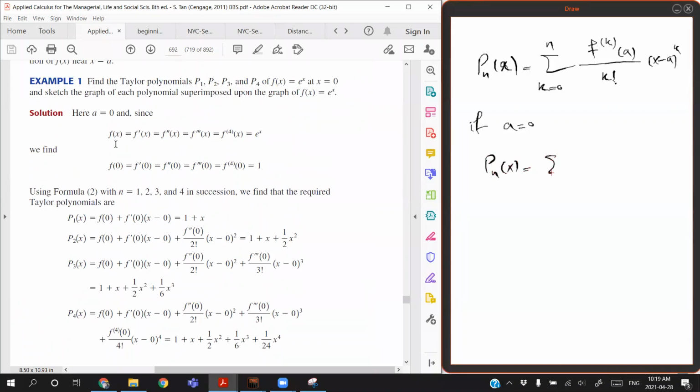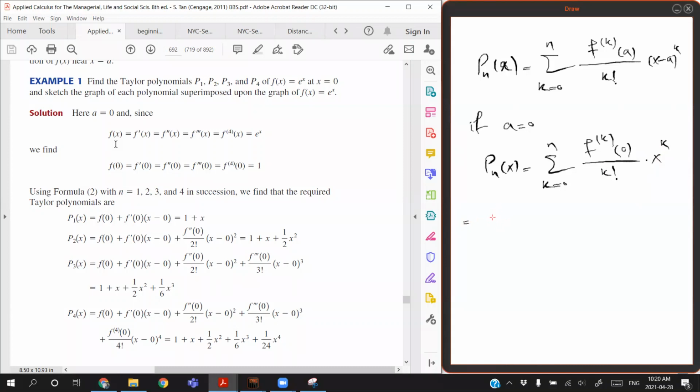You have sigma k from 0 to n, f^(k) of 0 over k factorial times, here a is 0, so you get x to the power of k. So if I want to expand that, it would be like this.